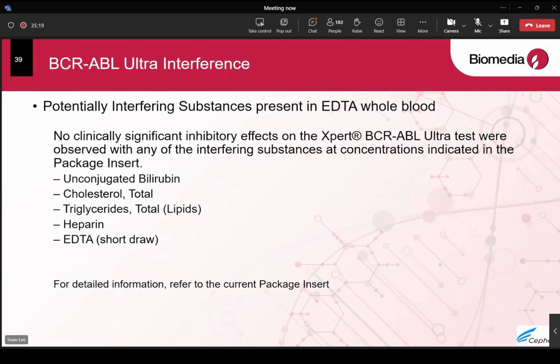But fortunately, Cepheid have done a test. They noticed that unconjugated bilirubin, cholesterol, triglyceride, heparin, EDTA, short draw, all these do not inhibit the PCR reaction. So this is the good thing. If you want to know more about this, refer to the current package insert.